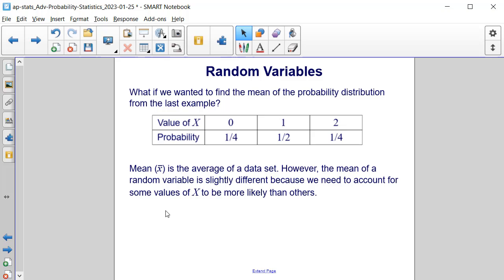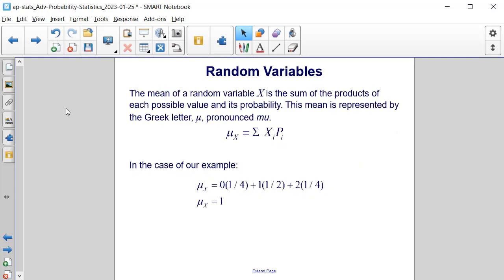However, the mean of a random variable is slightly different because we need to account for some values of capital X to be more likely than others. The mean of a random variable capital X is the sum of the products of each possible value and its probability. This mean is represented by the Greek letter mu.